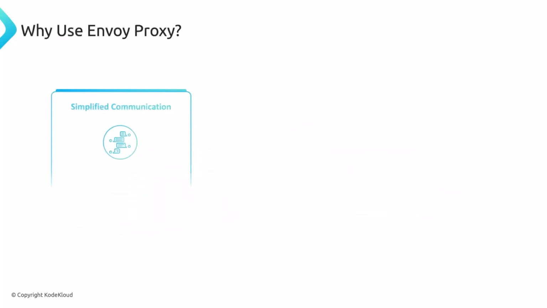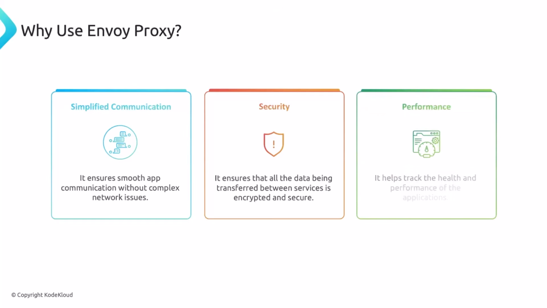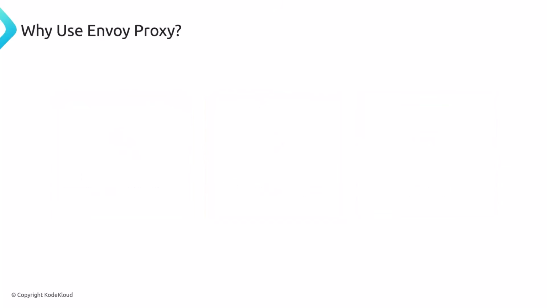So why use Envoy proxy? Well, simplify communication. Envoy proxy makes sure that all applications can communicate with one another without worrying about complex network problems. Security, right? It ensures that all the data being transferred between services is encrypted and secure. Performance, Envoy proxy helps track the health and performance of your applications.